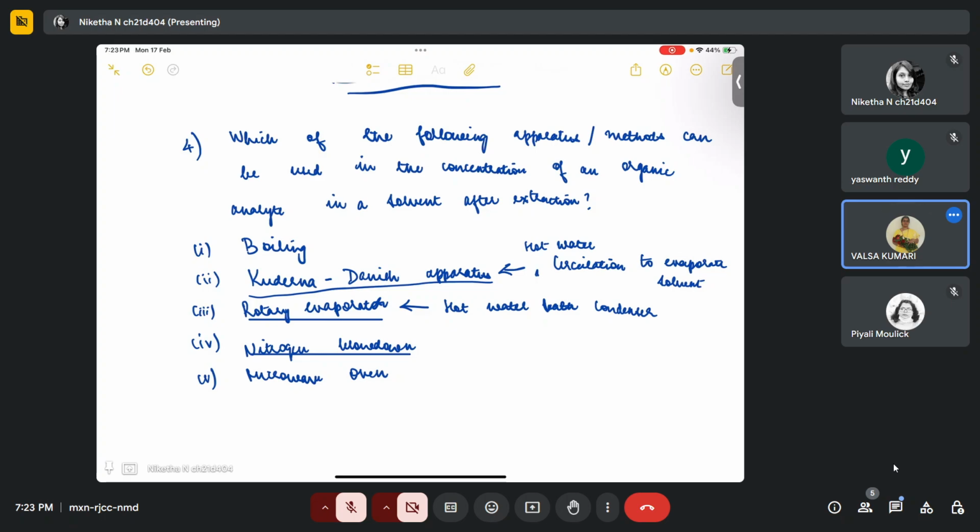Dissolved air should be removed from where? We don't have any dissolved air to remove. Nitrogen blowdown is mainly used for removing the solvent. When you pass a stream of nitrogen gas, it will slowly evaporate the solvent. So that is why it is mainly used.